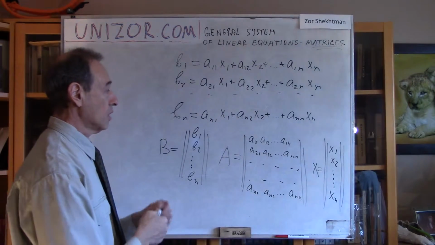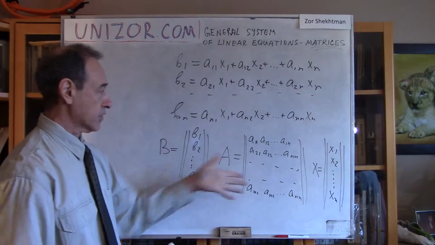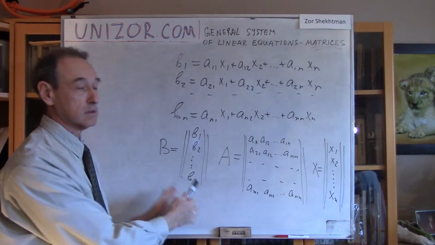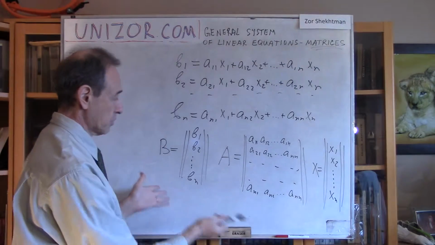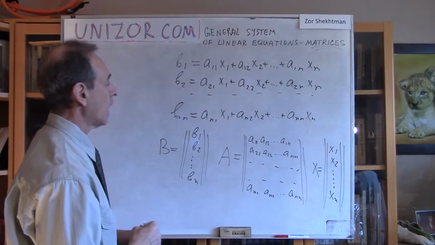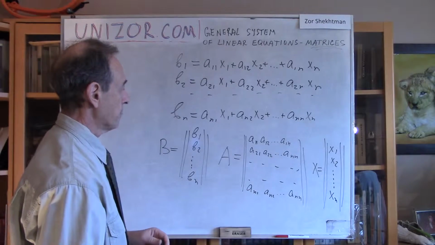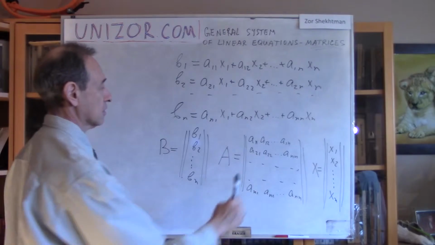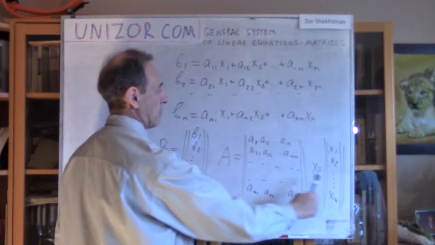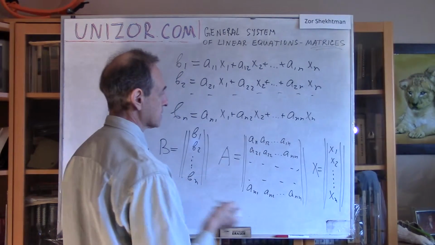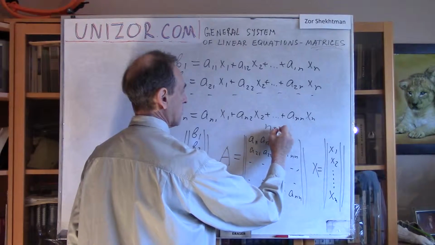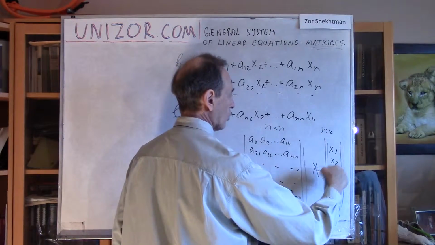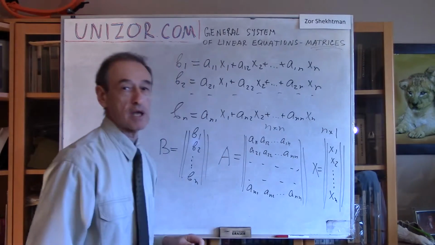So we all know what is a matrix, and what is a matrix which has one column, which we usually call the column vector. And now what I would like to consider is a multiplication of this matrix by this column vector. Now this matrix has n by n dimension. This column vector has n rows by one column dimension.